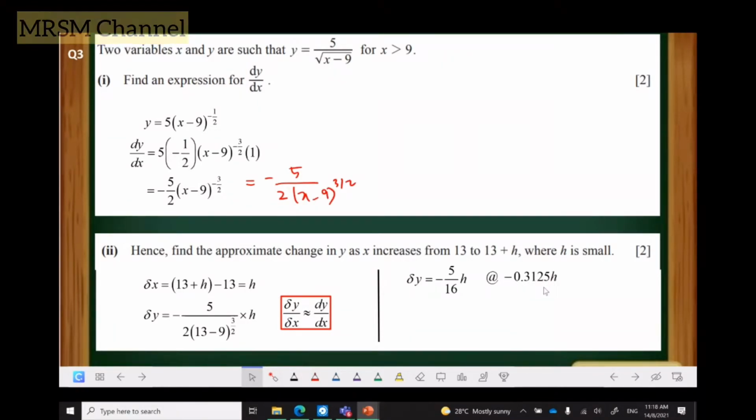Dia dapat tepat ni, negative 0.3125. Okay, because the question did not state that kita kena bagi jawapan in exact value apa semua, tak ada. Okay, so it's either you give your answer in fraction or you give your answer in this form. So mana-mana saja boleh diterima.